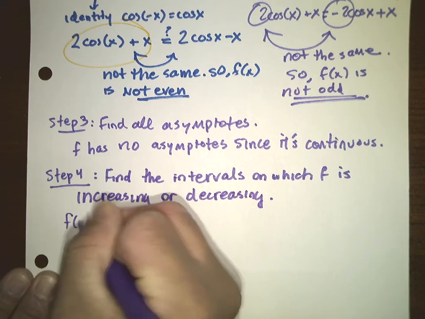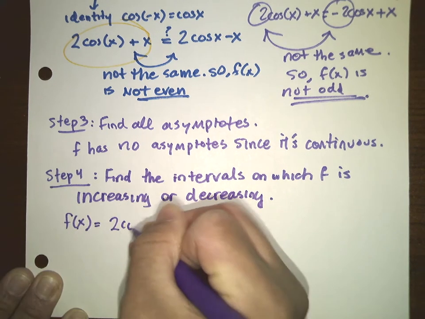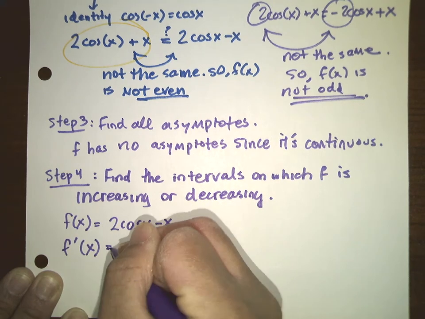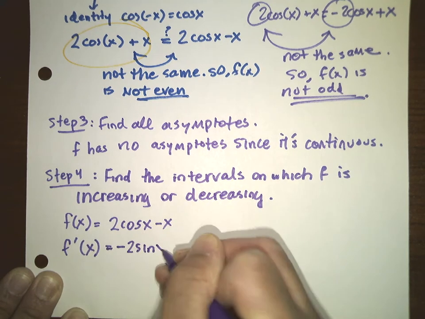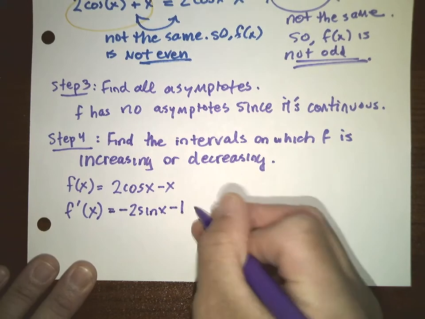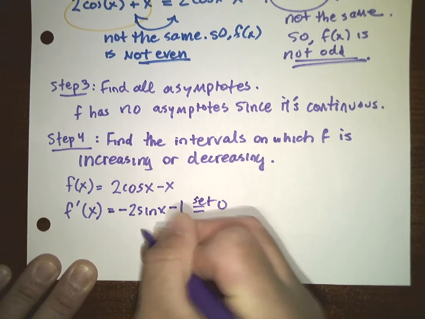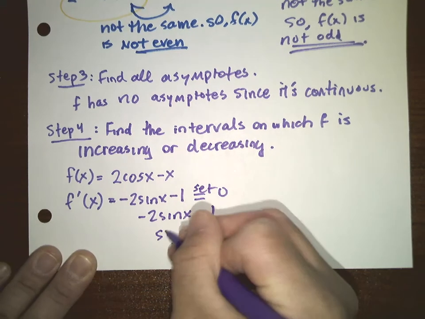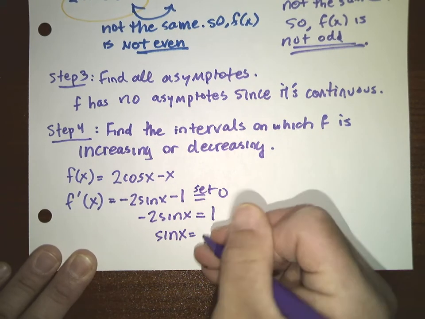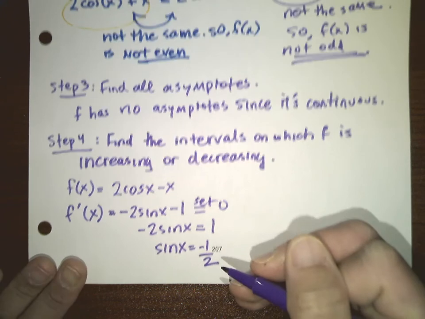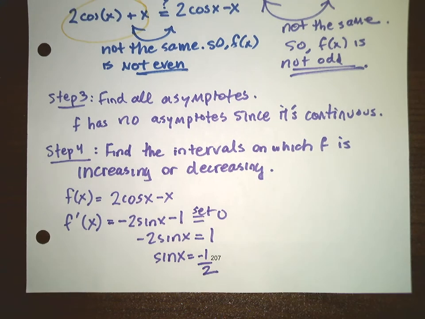So f of x was 2 cosine of x minus x. f prime of x was negative 2 sine of x minus 1. And we're going to set this equal to 0. So negative 2 sine of x is equal to 1. Then I'll divide by the negative 2. So sine of x is negative a half. So what does this mean then?